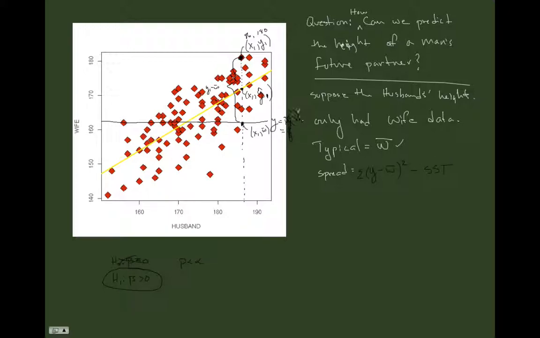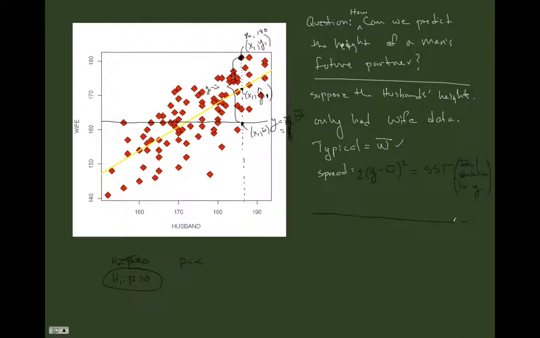If I took every point in the data set, calculated the deviation between its y value and the average of the women's heights, squared them all and added them up, I'd have the sum of squares total. So this represents total variation in the y variable, okay?